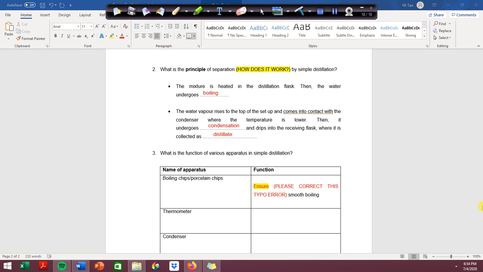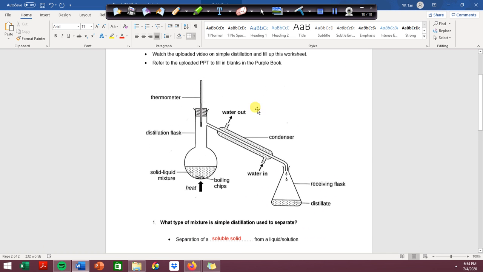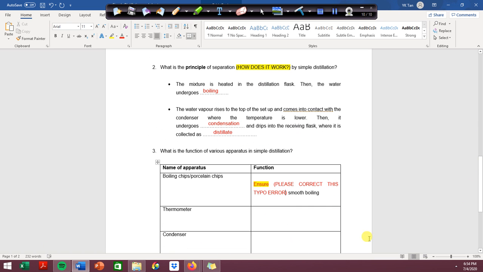Okay, next, you will notice in the setup that there is a thermometer. The thermometer is here. Now the function of the thermometer is that it enables us to measure the temperature of the vapor.